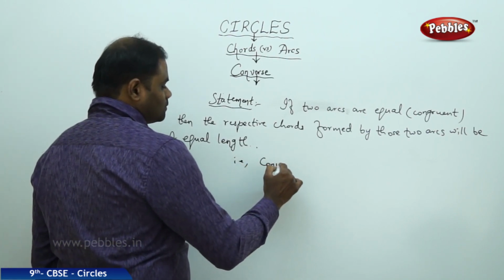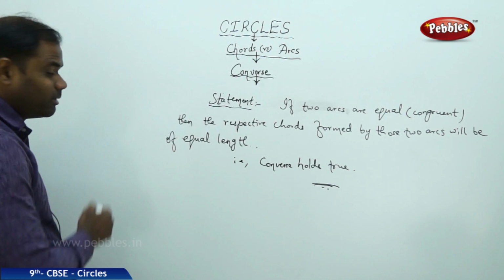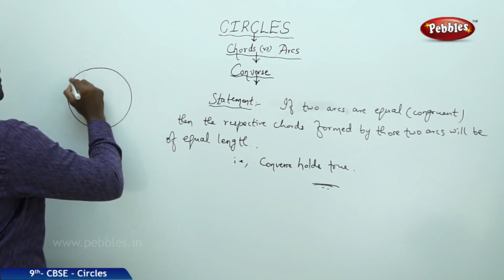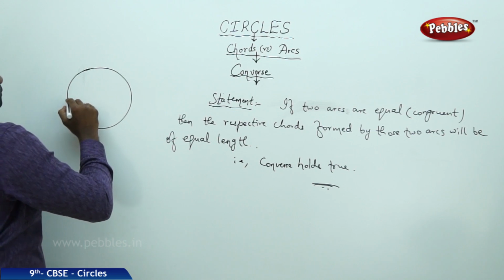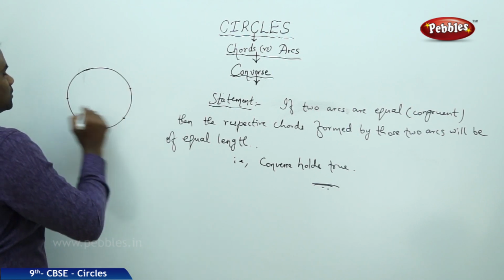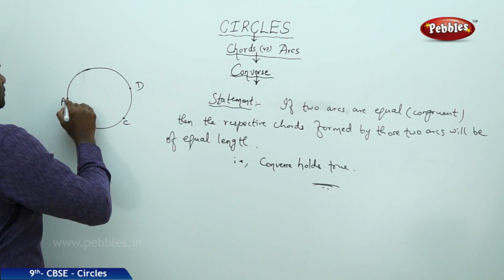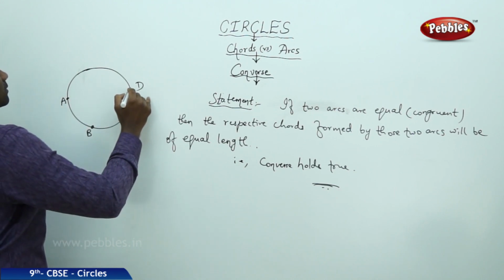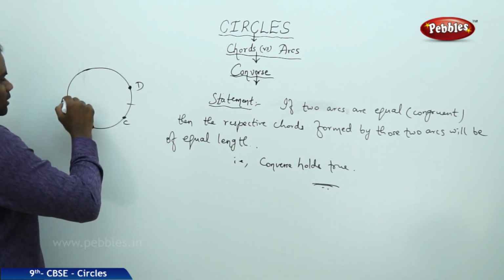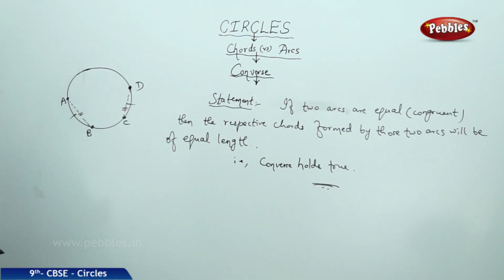That is, the converse holds true. Geometrically, if I have a circle with two arcs, say AB and CD, which are equal in length, then the chord formed by AB and the chord formed by CD must be equal, is what the property says.